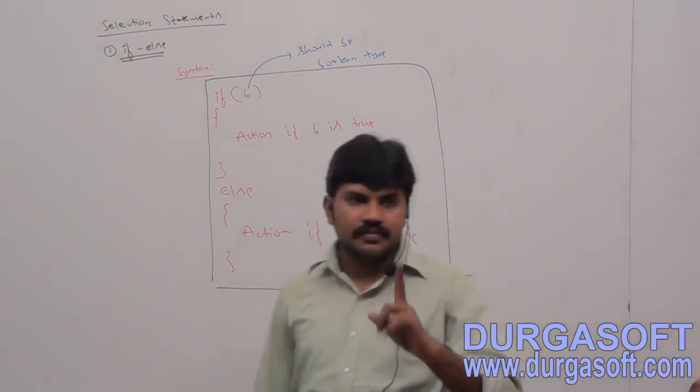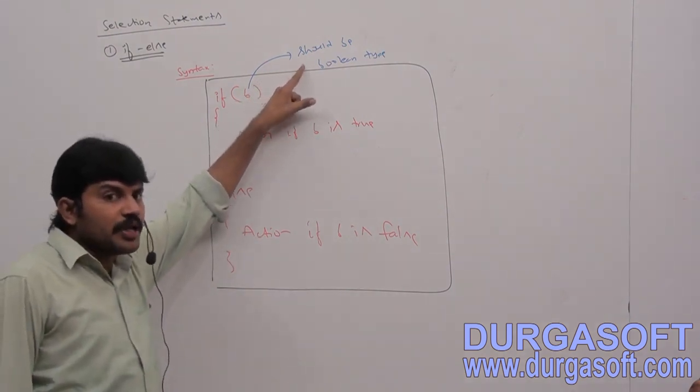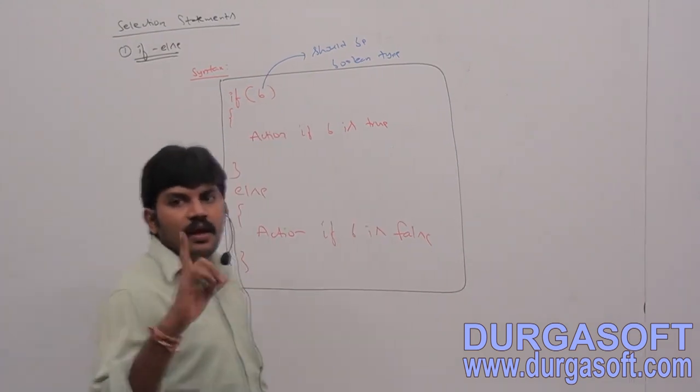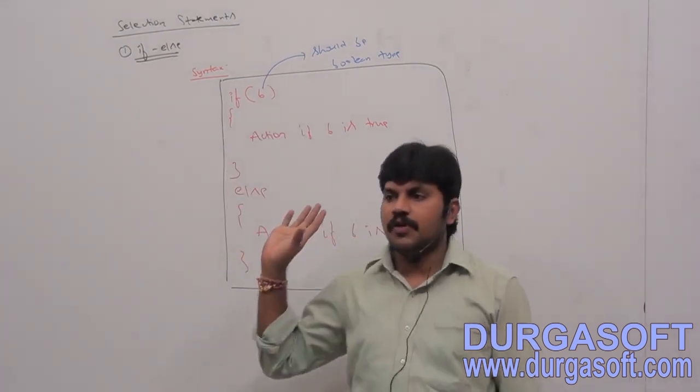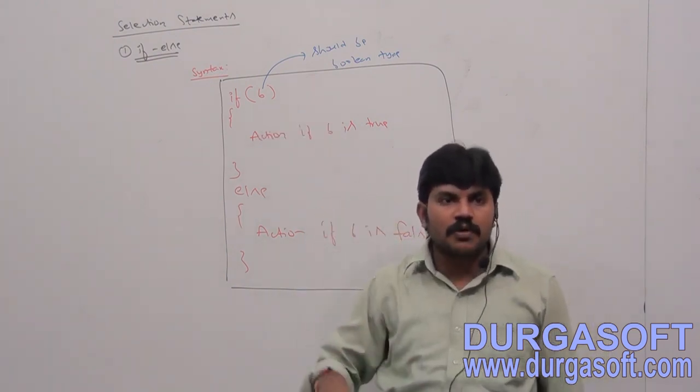Next, make sure here, the legend: compulsorily the argument should be Boolean type. By mistake, if you are trying to provide any other type, you are going to get a compile time error by default. The argument to the if statement should be what type? Boolean.